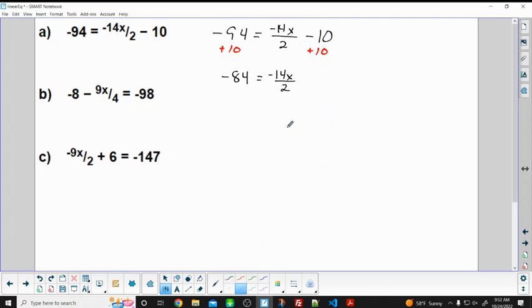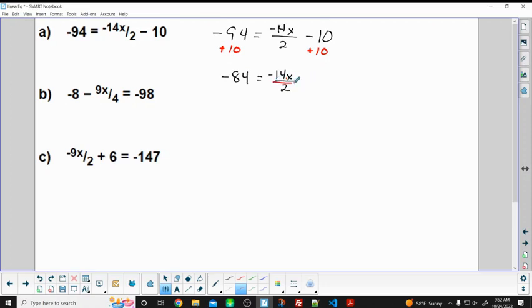And so here, we have options. We can undo the multiplication of negative 14 first, or we can undo the division of 2. If you watch my previous video on solving equations like this, I highly recommended that you undo the division first. If you undo the division, you get rid of the fraction. So let's get rid of the fraction right now.